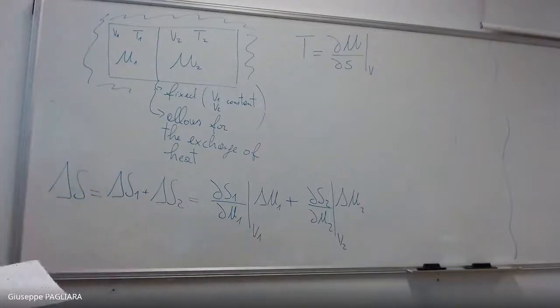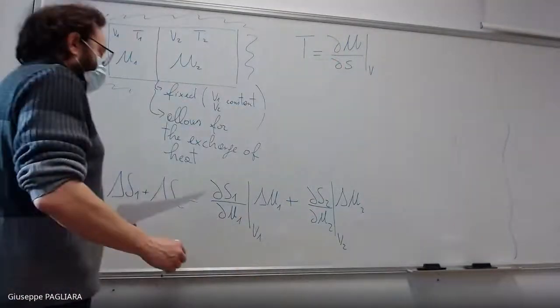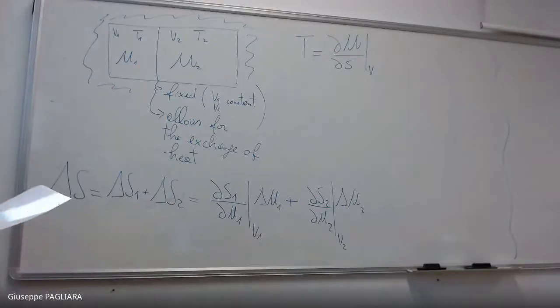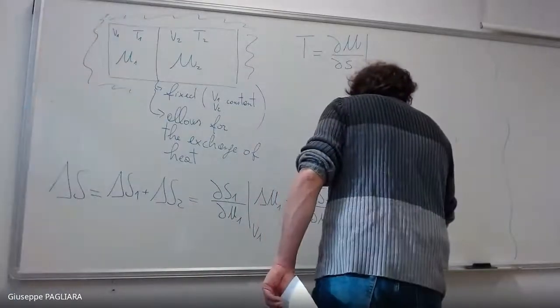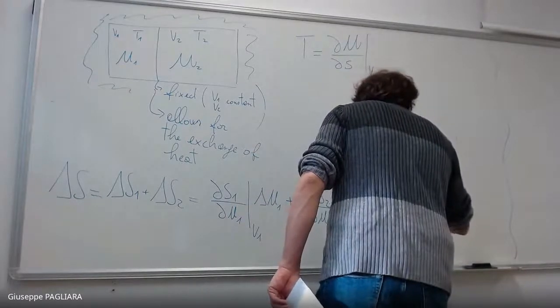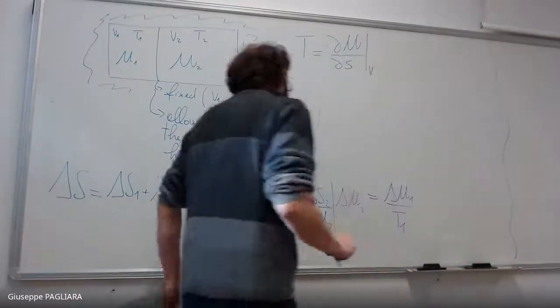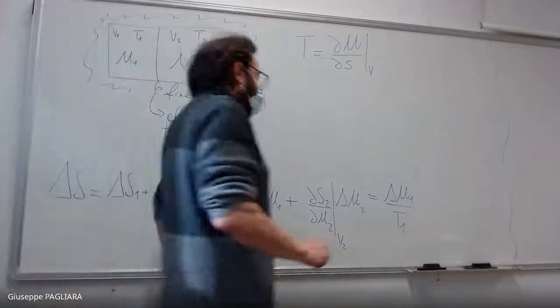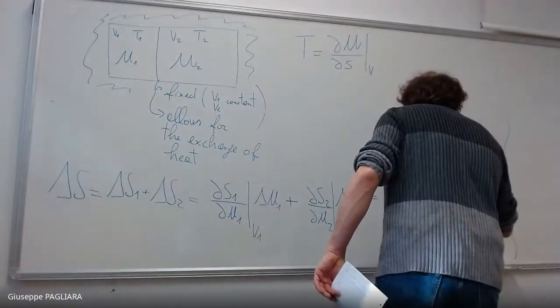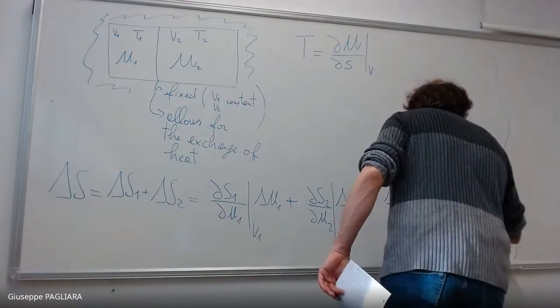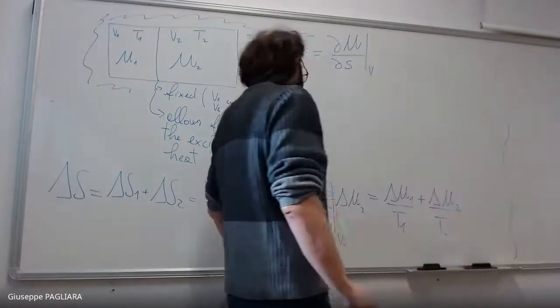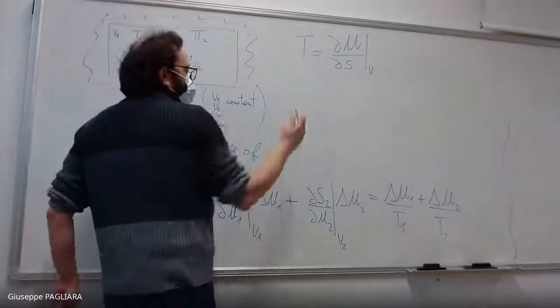Because it's just the opposite of this. So then I get delta U1 divided by T1 for this part, and then I have plus delta U2 divided by T2 by using this relation here.